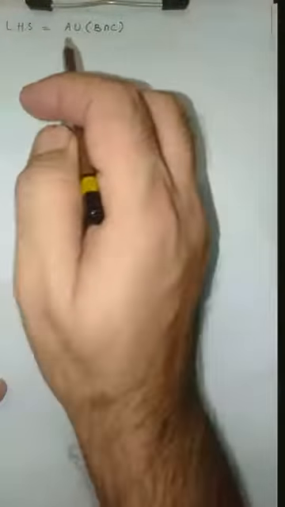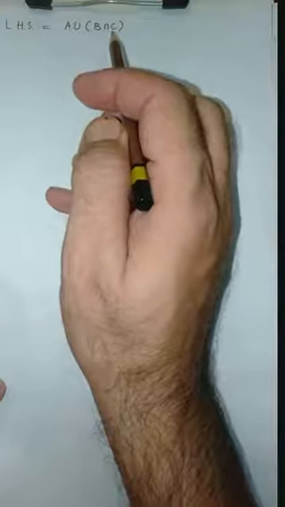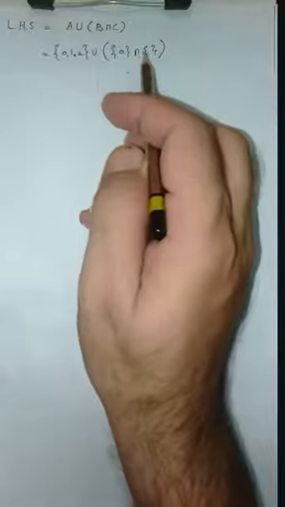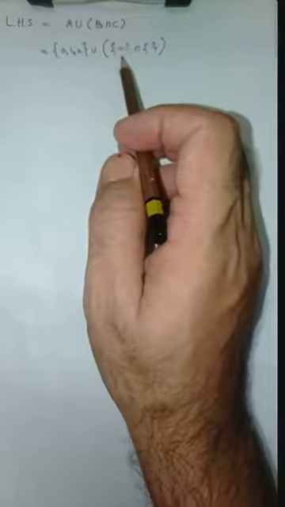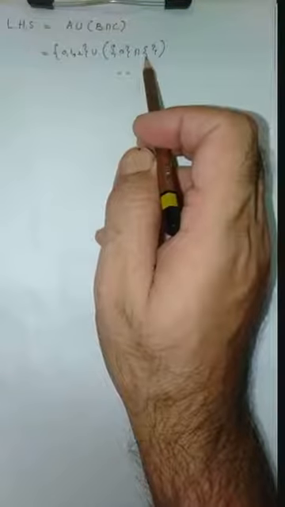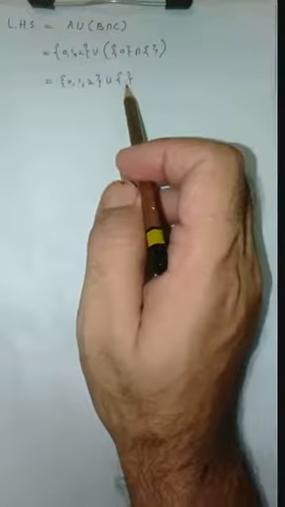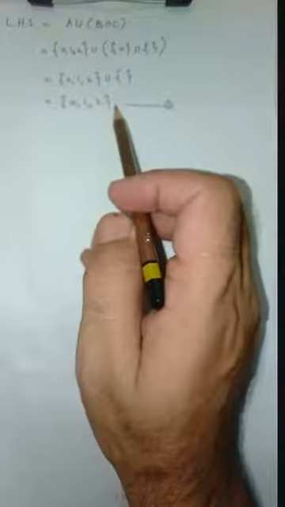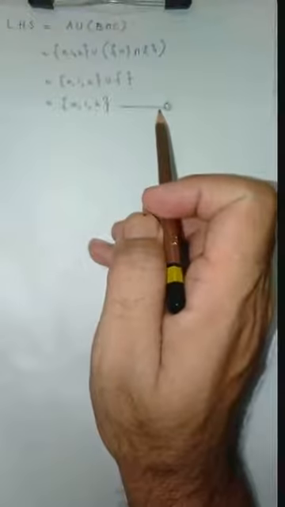Left hand side is equal to A union B intersection C. Now putting the value of these three sets like this. First of all we will simplify the bracket, taking intersection with these two sets, so the answer is empty set. Now taking union of these two sets which is equal to 0, 1, 2, this is called answer number 1.